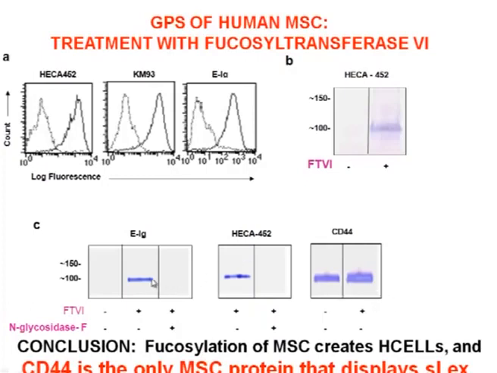The conclusion of all this is that fucosylation of human mesenchymal stem cells creates HCELL, and that CD44 is the only mesenchymal stem cell protein that displays sialylated Lewis X.